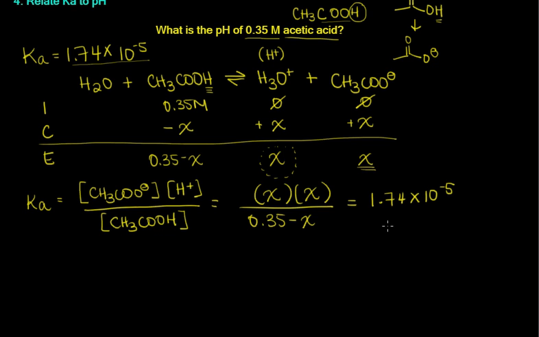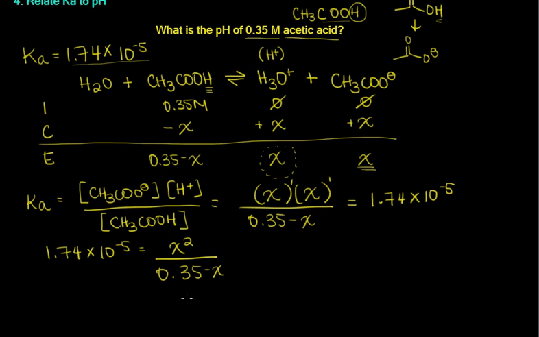On exams, of course, this will be given to you either in the problem or on a separate table. Now let's simplify this: 1.74 times 10 to the negative fifth equals x squared, because when you multiply you add the superscripts, over 0.35 minus x.